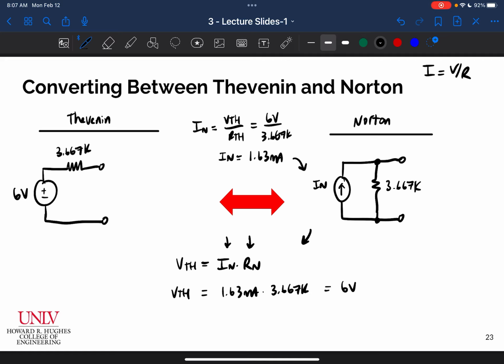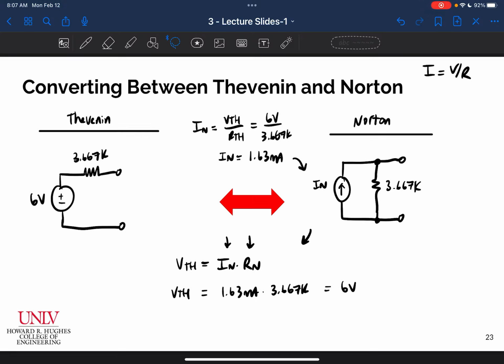So this was the last little note here on Thevenin and Norton: if you are asked to find both the Thevenin and the Norton equivalent and you're pressed for time on an exam, or even if I ask you to do the full derivation of both of them on a homework, but you're in a crunch for time or you just don't feel like solving for the Norton current or the Thevenin voltage, you can use Ohm's law. Even for the resistance, you can use Ohm's law to find it if you find the short circuit current and the open circuit voltage.